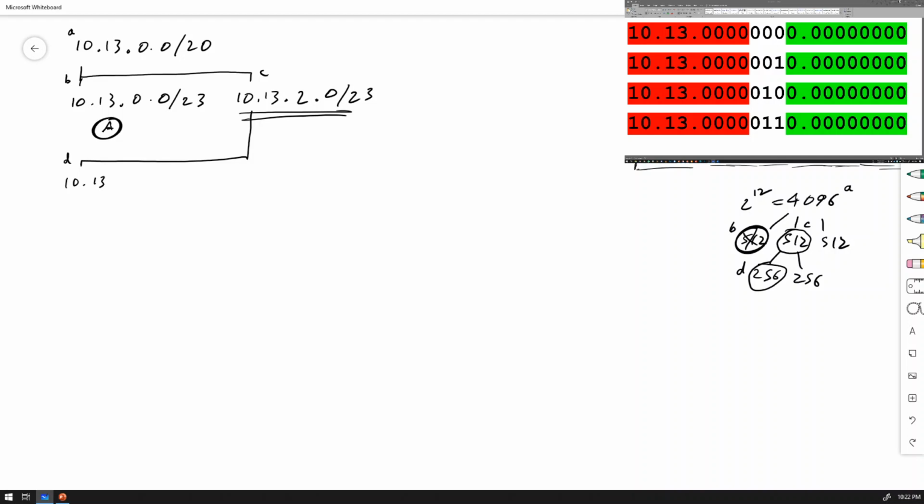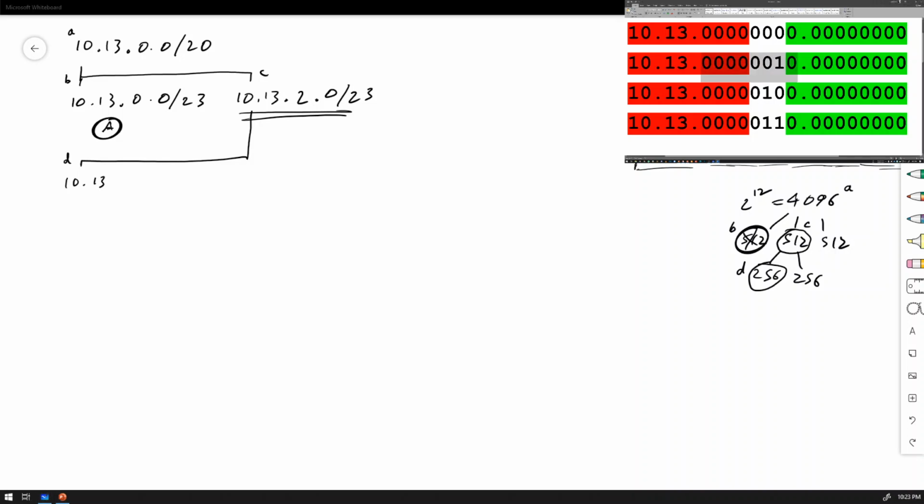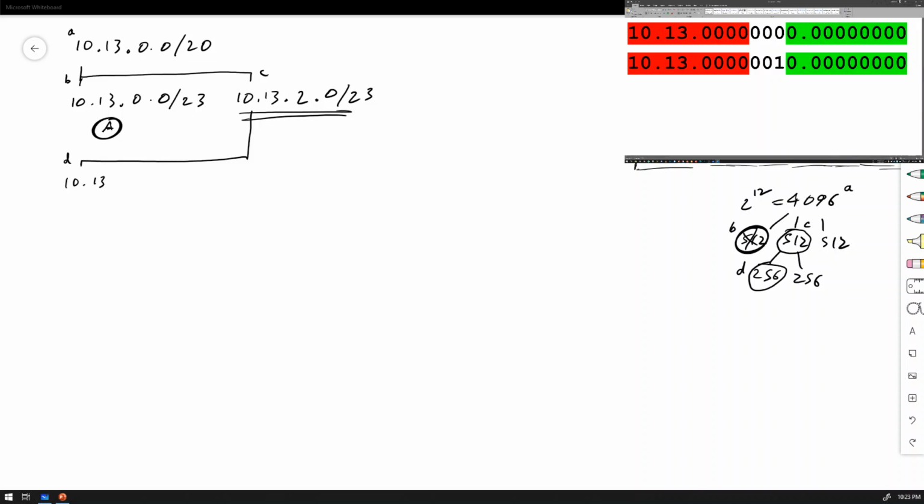So on the IP table, let's rub this off and continue with that one. So we are working with this network. So this is our main network. Let's keep it right there like that. And now because I'm under that, I'll have to mark this red as well, right? So I have to work with the remaining bits.